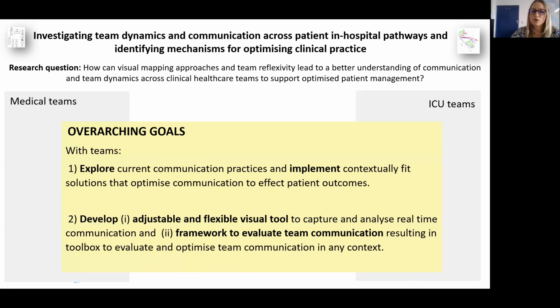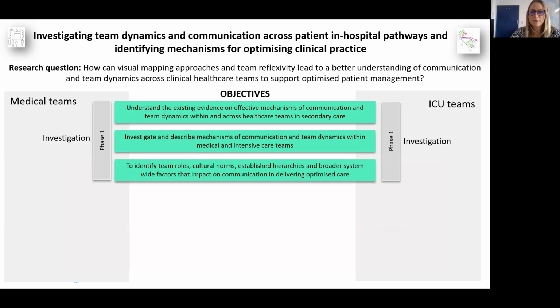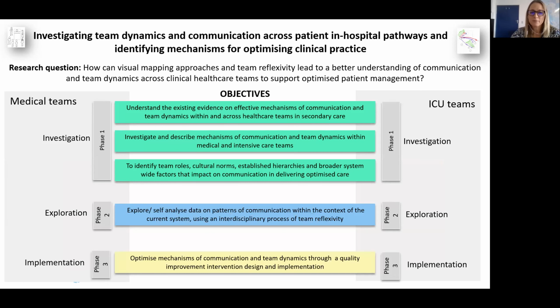And so the overarching goal is to explore current communication practices and implement contextually fit solutions. And importantly, we want to develop an adjustable and flexible visual tool to capture and analyze real-time communication, which we'd love to then develop into a framework to evaluate team communication. So the PhD will be delivered through the following objectives.